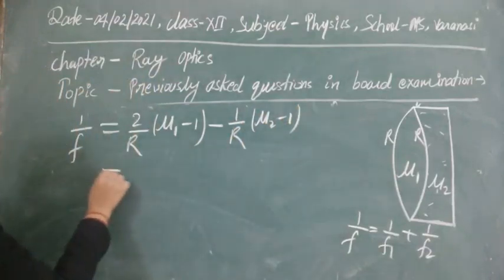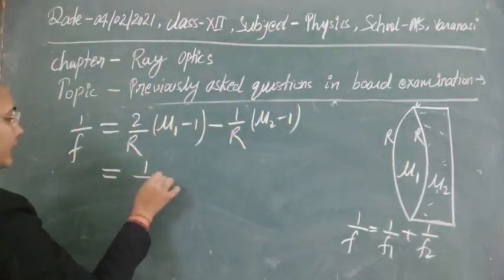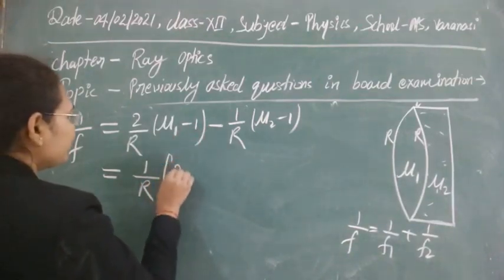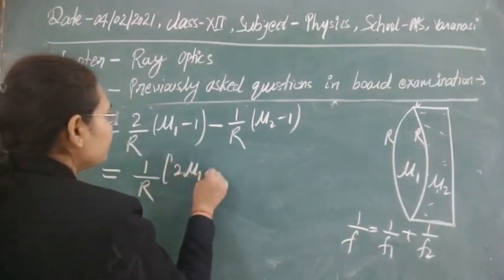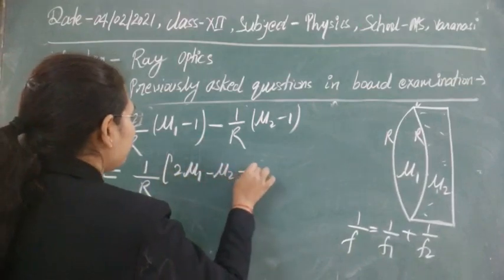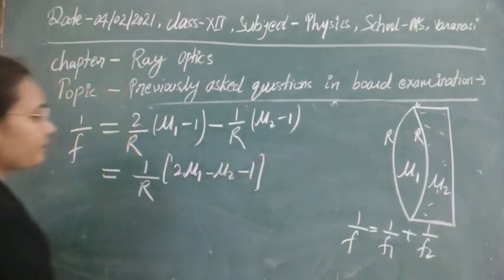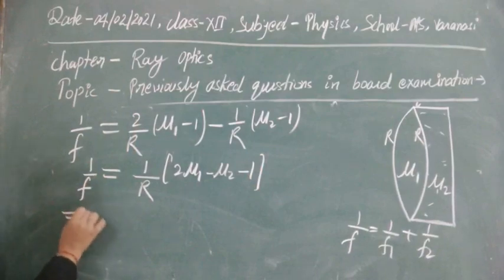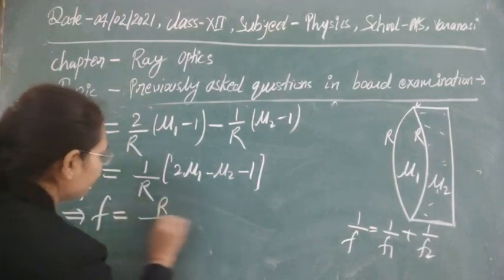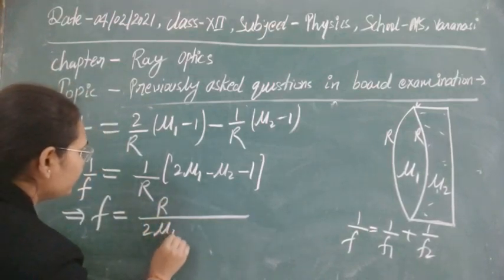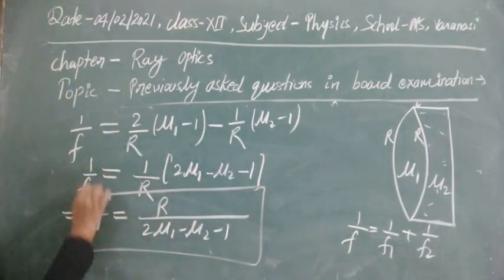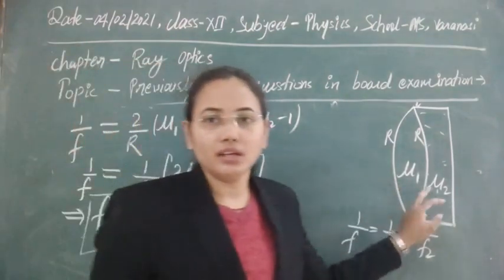If we solve it, we can take 1 by r as common, and this will be equal to (2 mu1 minus mu2 minus 1) by r. So from here we can write f is equal to r upon (2 mu1 minus mu2 minus 1). This is the focal length of the combination given in the question.